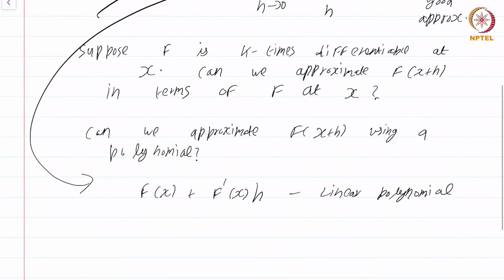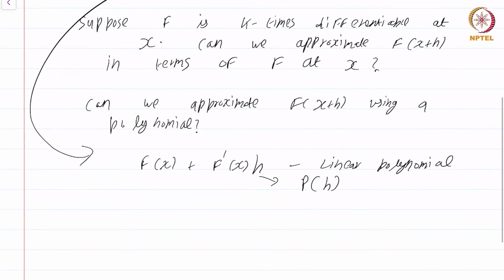Not only is it a polynomial of degree 1, it's a special polynomial. So note, this is treated as a polynomial in h. Of course, it's not a polynomial in x. X has been fixed.